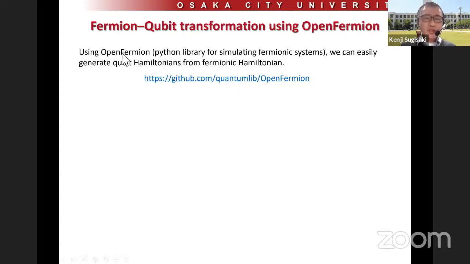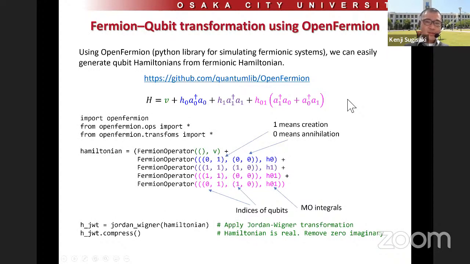OpenFermion can be downloaded from this website. Let us think about the Hamiltonian as shown here: some constant term and one-electron operators. The Python program to use OpenFermion looks something like this.